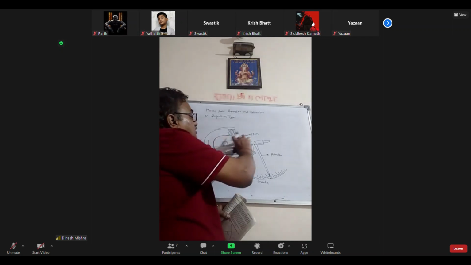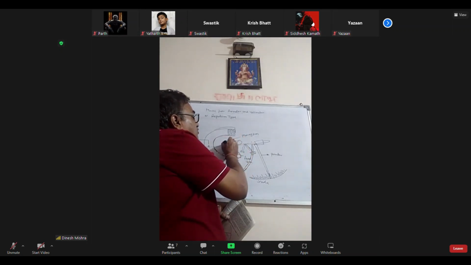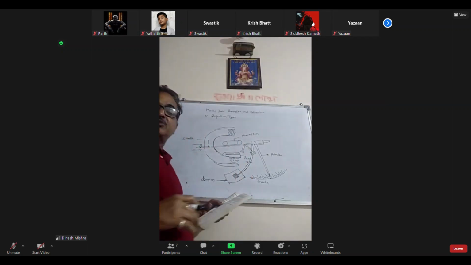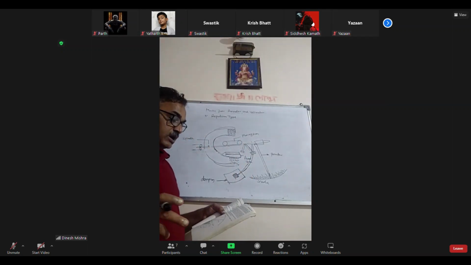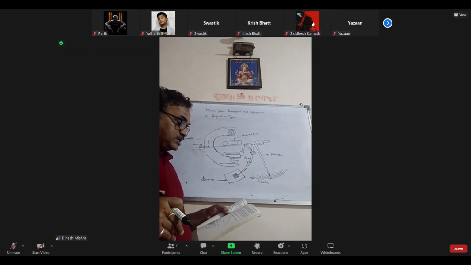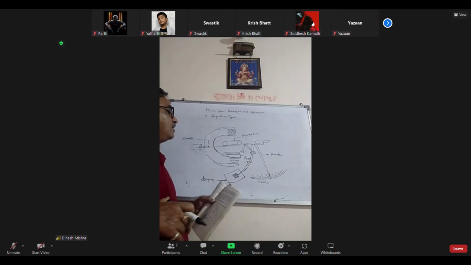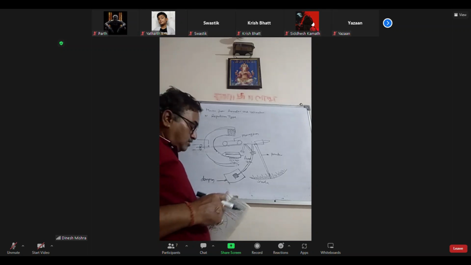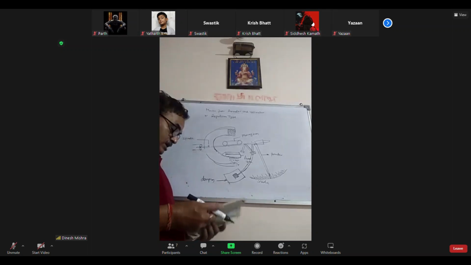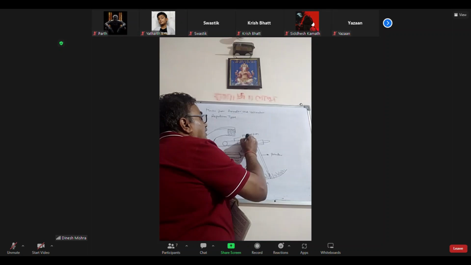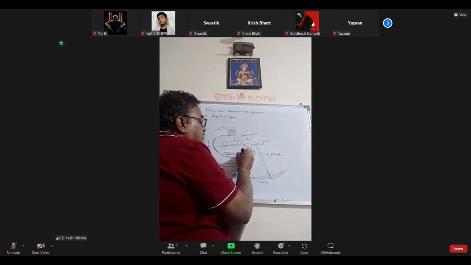These pieces are parallel to each other. The piece A is fixed on the bobbin, and the piece B is mounted on the spindle. Fixed A and moving B. This is moving part B.